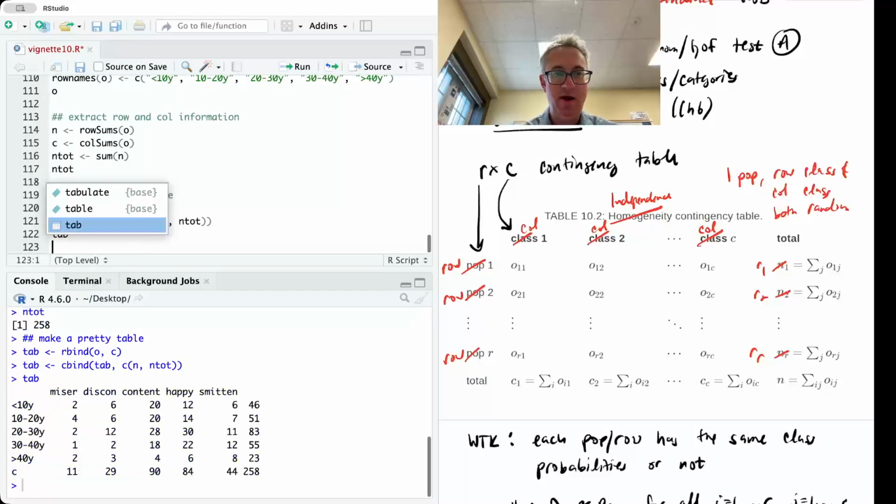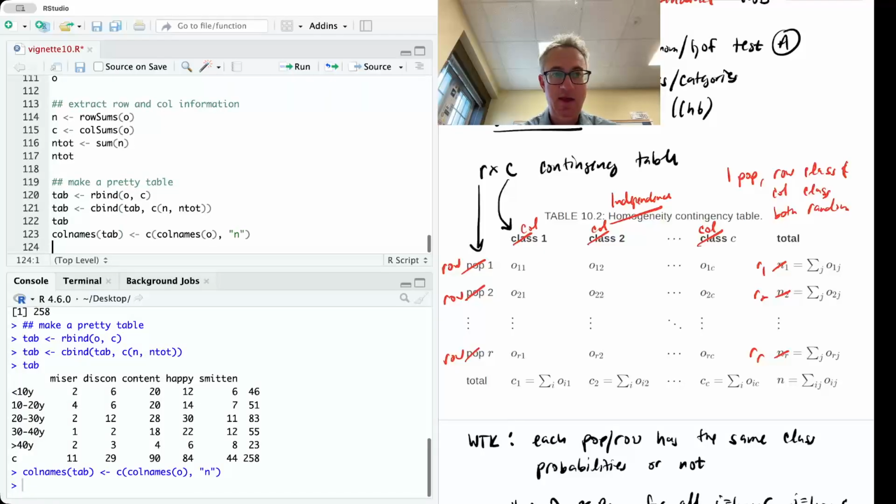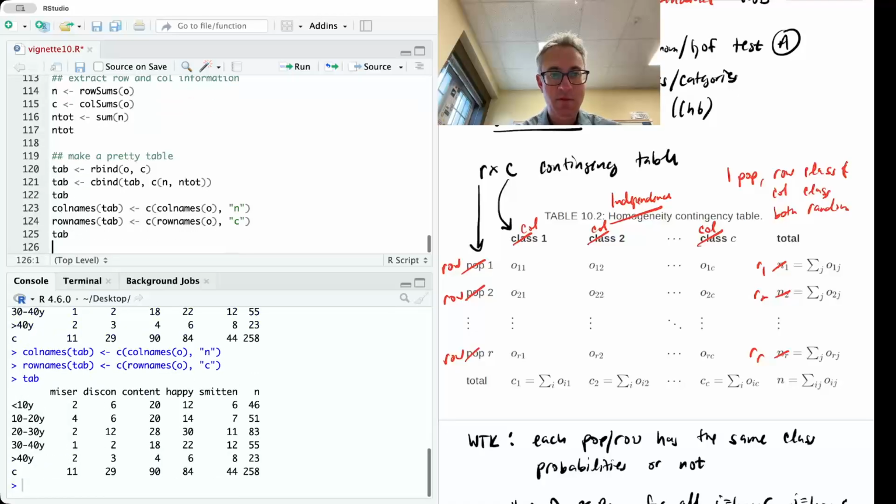Okay, so now I've got a table that has an extra row and column, but I don't have a name for that column. So I'm going to fix that. Call names tab. Oh, that one should be N, and then row names tab is C, row names O. Okay, so that should look better now. I've got all the row names and the column names correct.